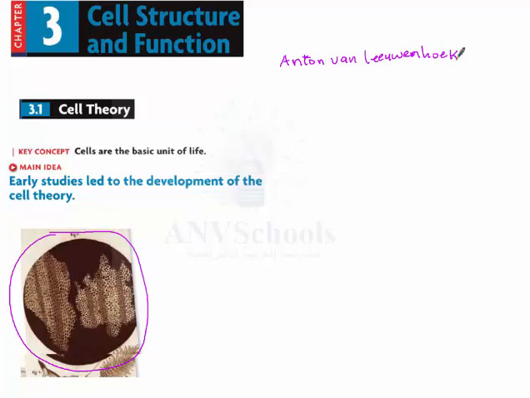So this is a Dutch scientist. This Dutch scientist or Dutch tradesman came up with, in his own spare time, what Anton van Leeuwenhoek normally used to do, which is to observe or look at small things.